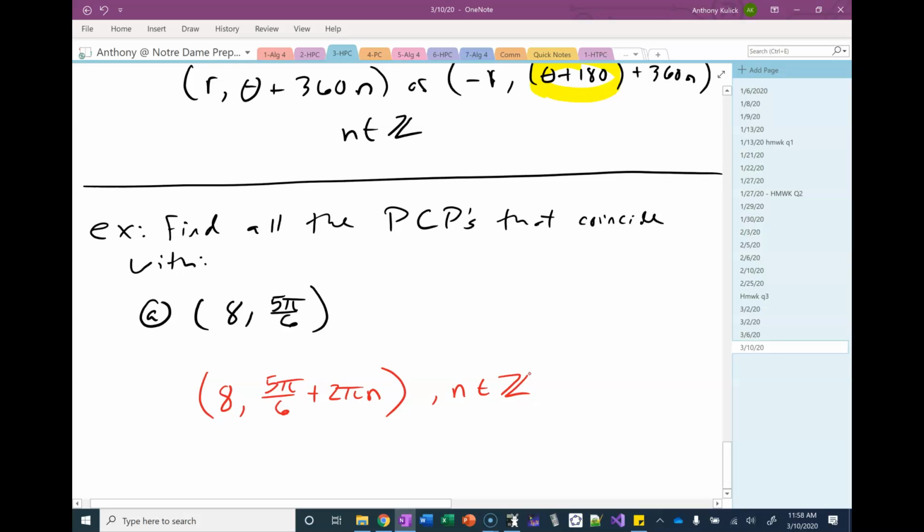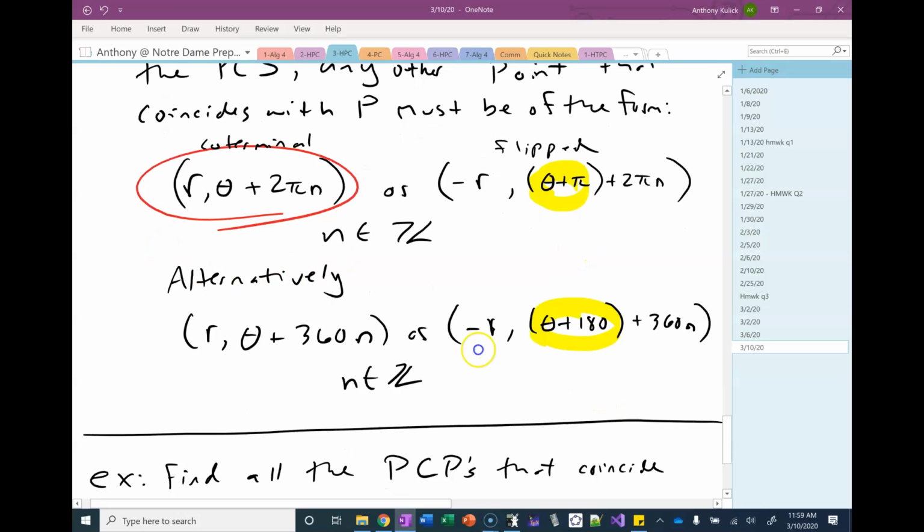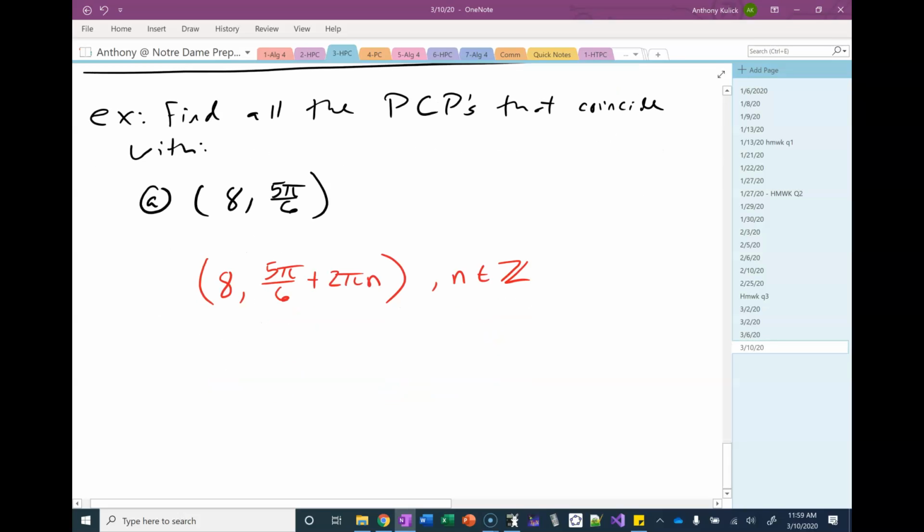So there's our first set of coinciding points. Notice to find that I just used that, right? Everybody's okay there? My second set of coinciding points are going to be like using the opposite end.